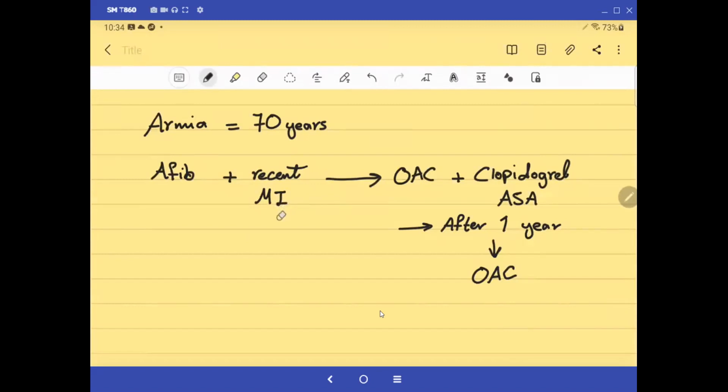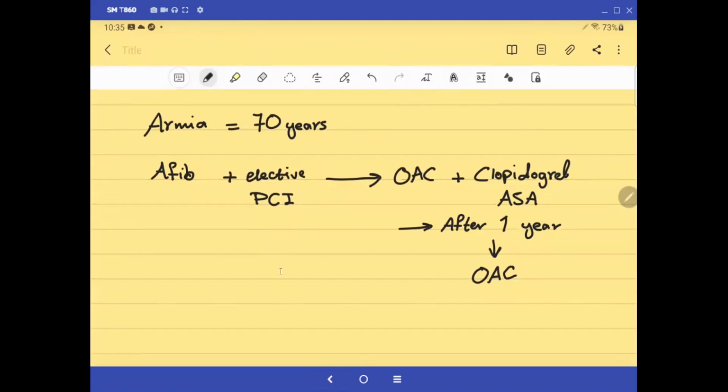I didn't write, I'm not the one who is writing that. Yeah, now it's oral anticoagulant and clopidogrel. It's okay now. Who is writing? It's Shams writing, not me.